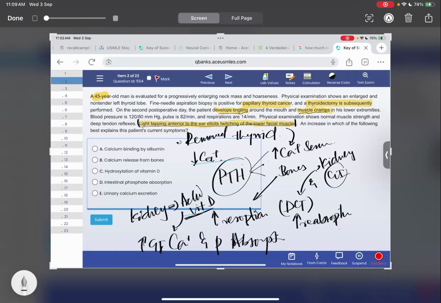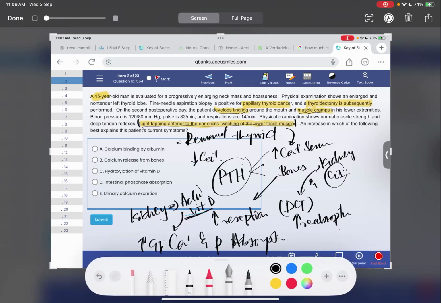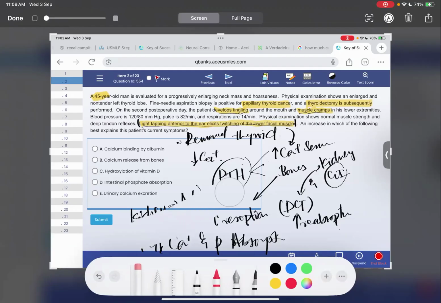Okay, so this is the basic mechanism of the parathyroid gland.